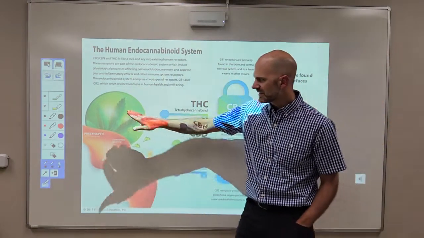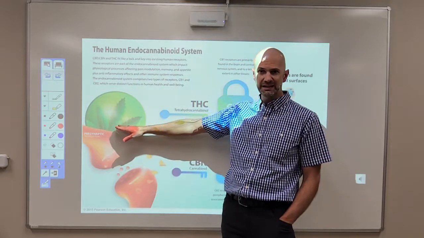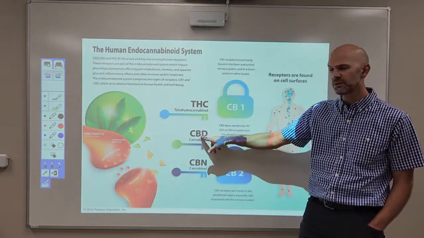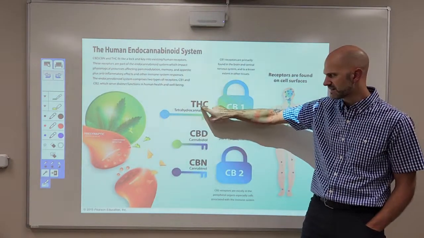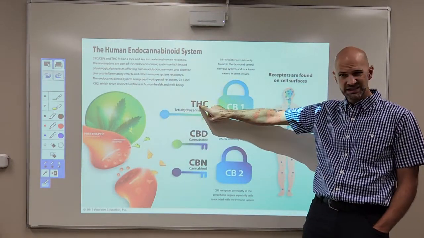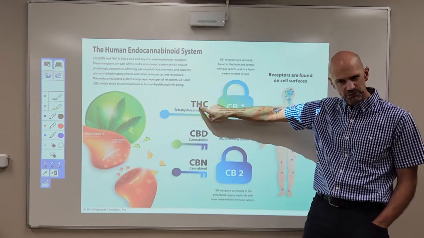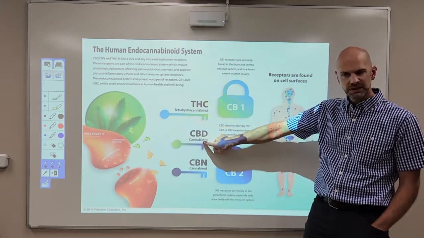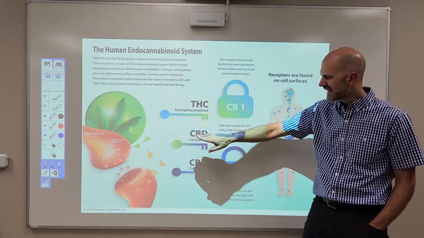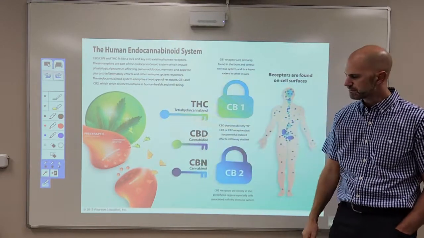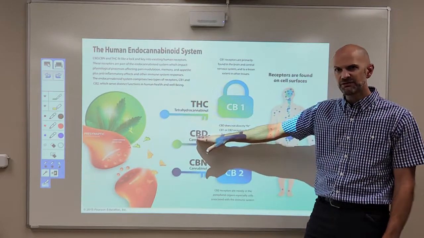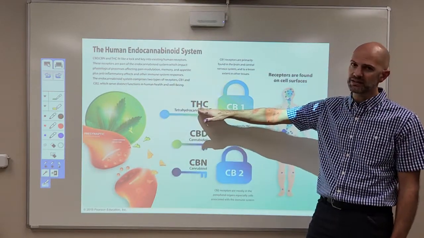But it just so happens that this plant has this chemical, and if you smoke it or otherwise take it... CBD oil is a different type of ligand. It does not have the same effects as THC, which you only get if you smoke marijuana. CBD is an agonist, but it works through a different mechanism. So you don't get those mind-altering effects with CBD, but you do get that with THC.